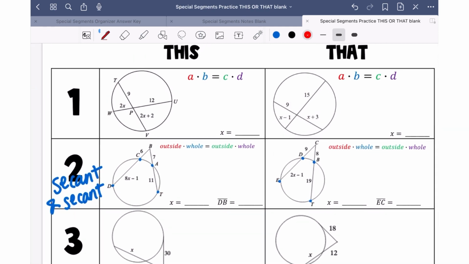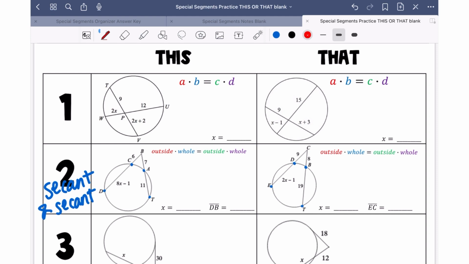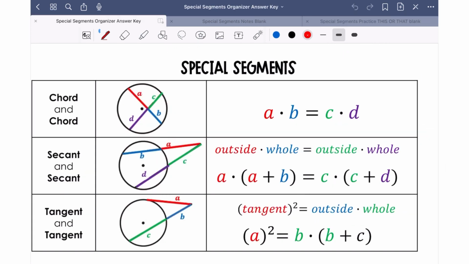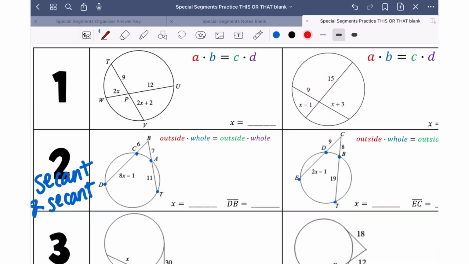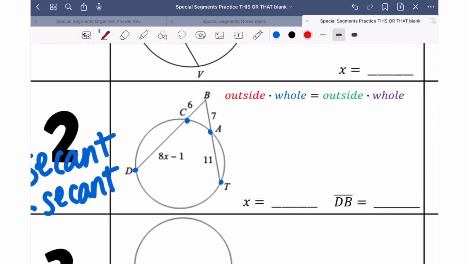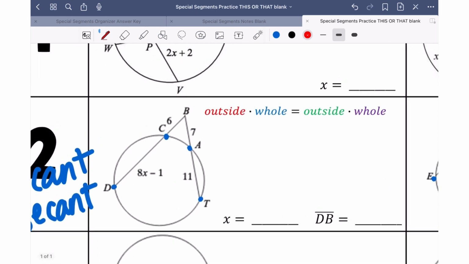because I feel like it was more successful with my previous students, saying that rather than just saying what part of the segment. So for this one, who is the outside part of the segment, the first segment? So here's my segment. Who is outside? This part. If you have your colored pencils, go ahead and use them.